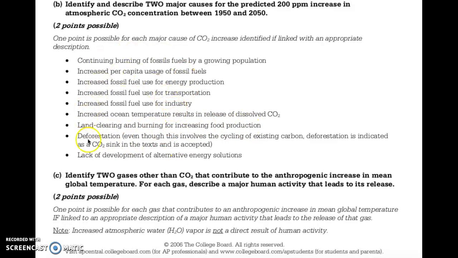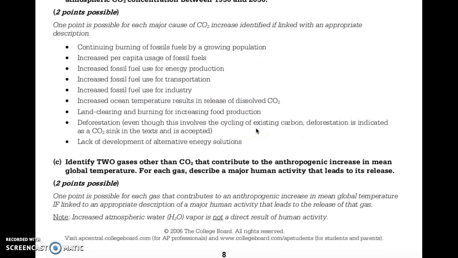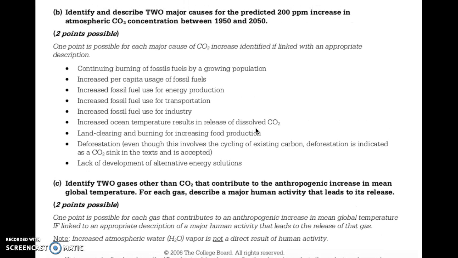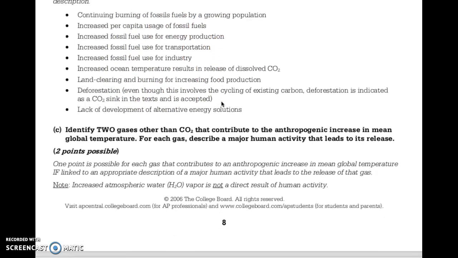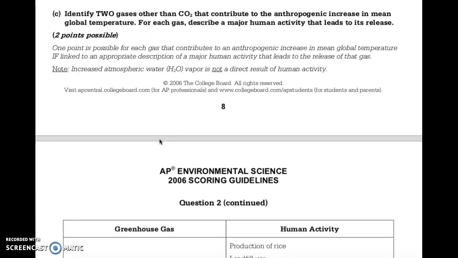So any of these things are options. If you think that you have written down something that is a major cause for the predicted 200 parts per million increase in carbon dioxide, and it is not on this list, please contact me and we will discuss. So remember, you have to both identify and describe to get 1 point, and you need 2 things that are on this list.